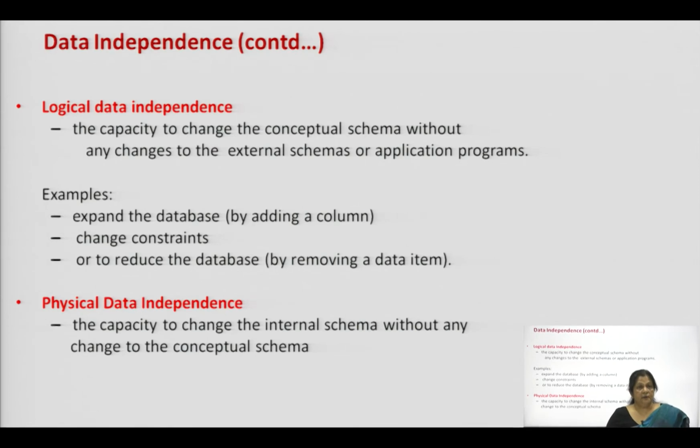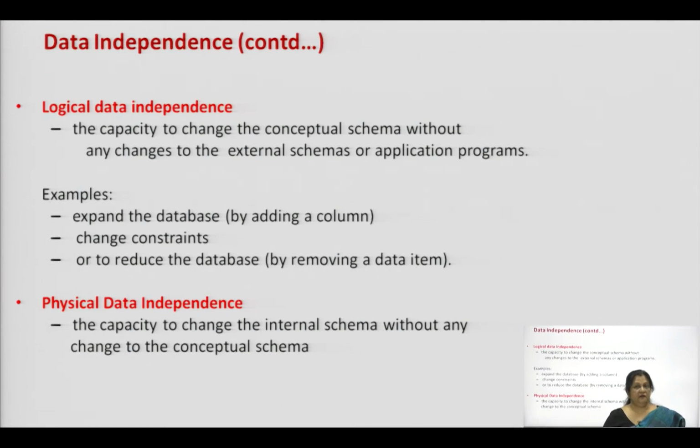Physical data independence is the capacity to change the internal schema, that is at the physical storage level, without having to change the conceptual schema. That means we are making some changes at the physical schema, but there are no changes at the conceptual schema.